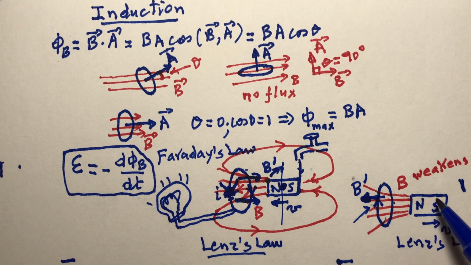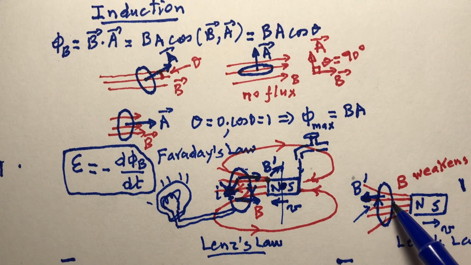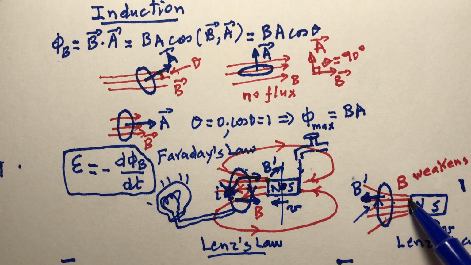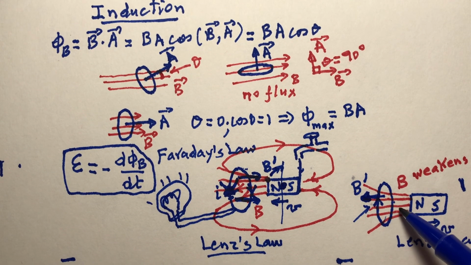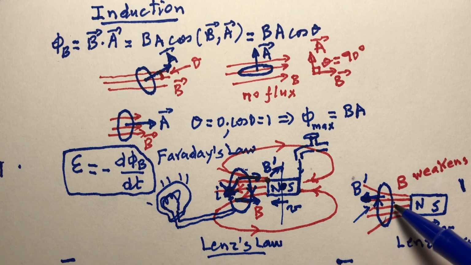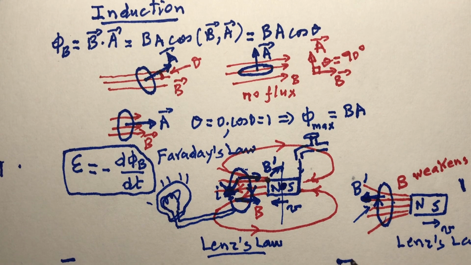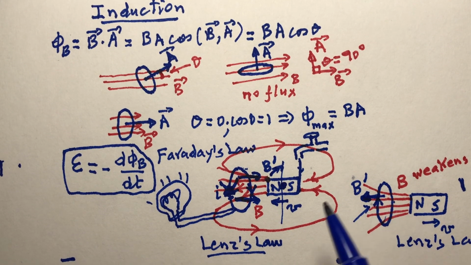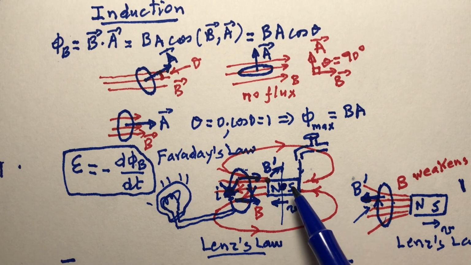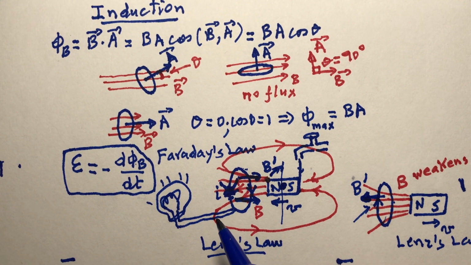If the B field is leaving, it's going to go in a direction to compensate for that B field, because if it's leaving, you're going to lose it. So the loop is going to generate a B field for you to compensate for that B field that you're losing. So that's Lenz's law. And Faraday's law just says, a change in flux will create a current in the loop.